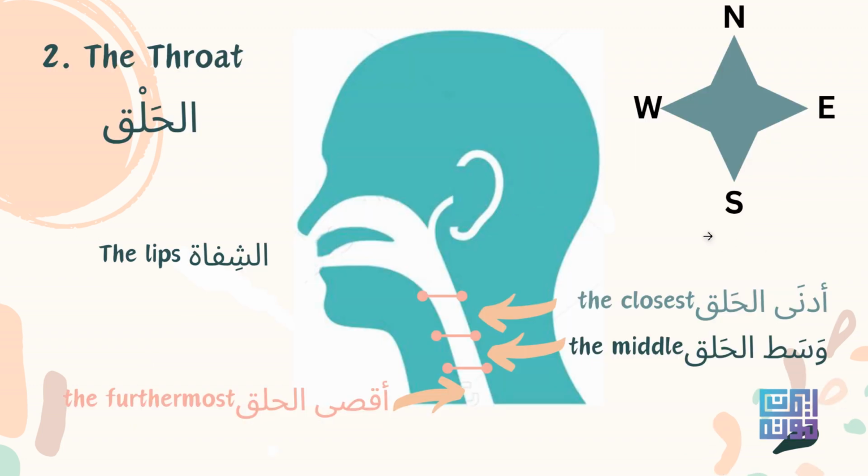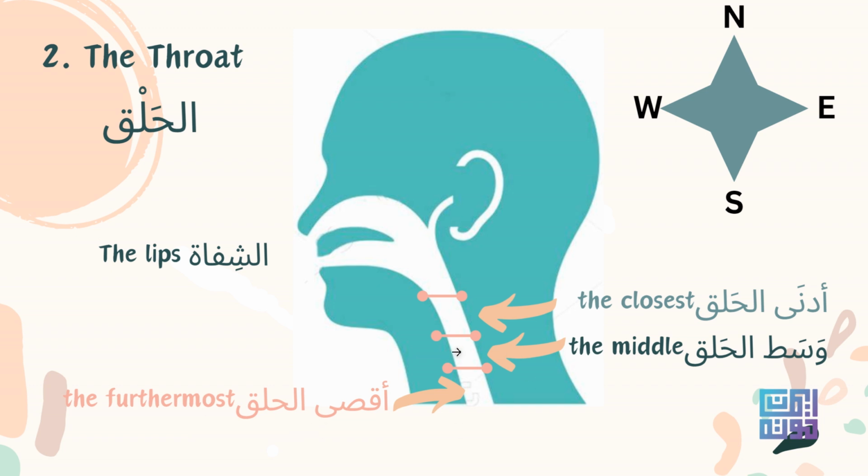Okay, then comes the throat, Al-Halq. Here is the throat. This part is the throat. And the throat is divided into 3 parts. The furthermost part of the throat, Aqsa al-Halq.